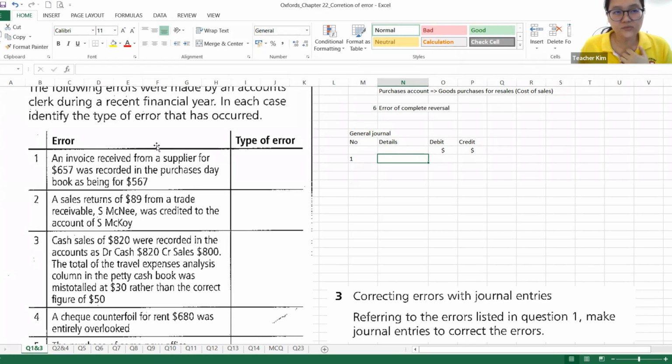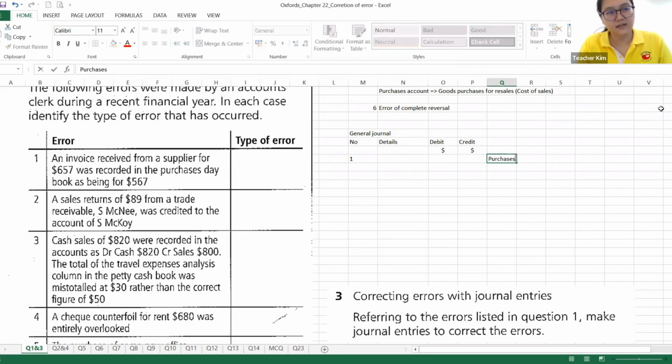An invoice received from a supplier for 657 was recorded in the purchases daybook as being for 567. Both sides make the error. That means what we have in here is the supplier account and the purchases account.